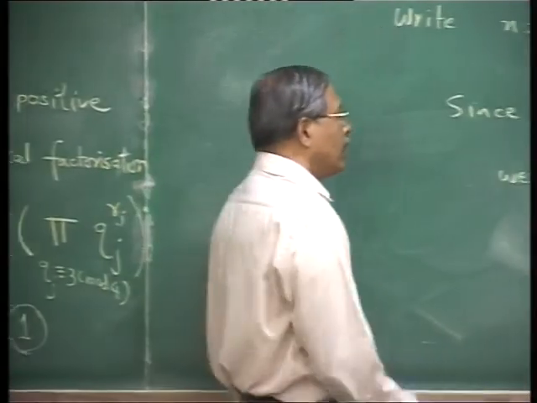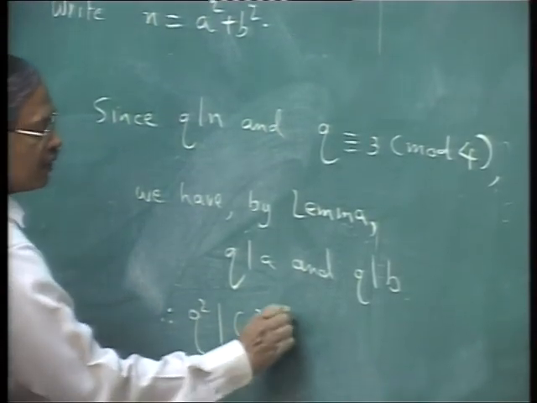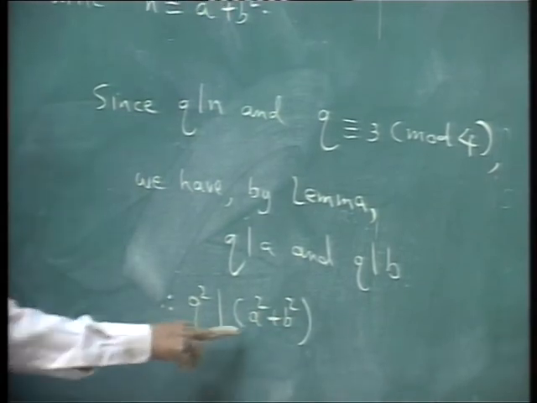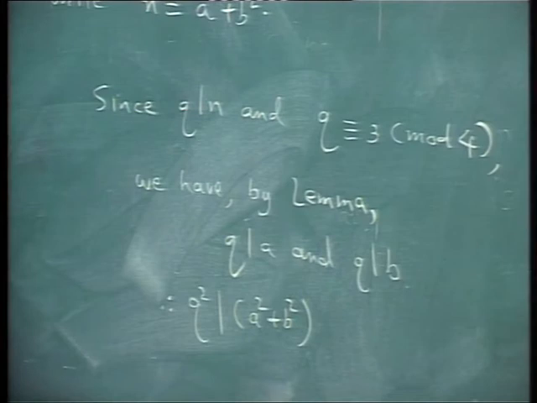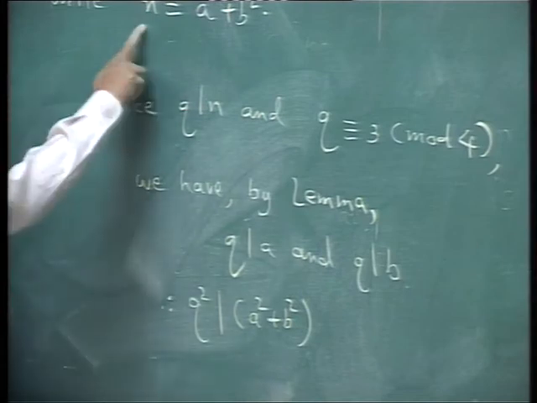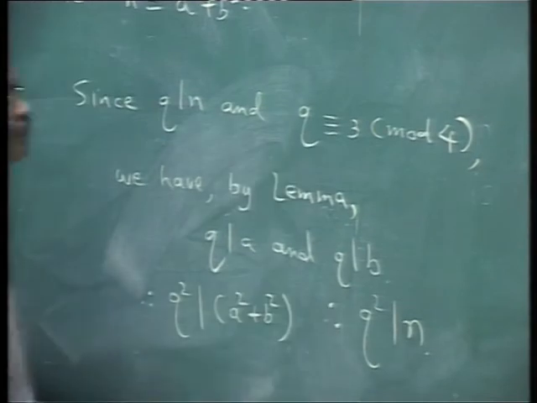Therefore, q square divides a square plus b square, because q square divides a square and q square divides b square, so q square divides the sum, that is, q square divides n.